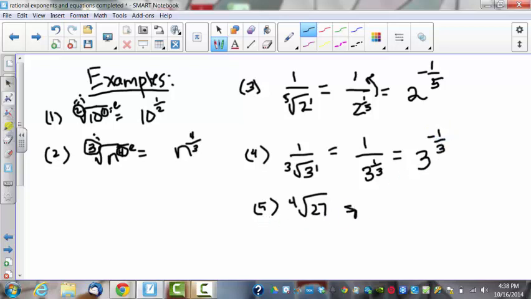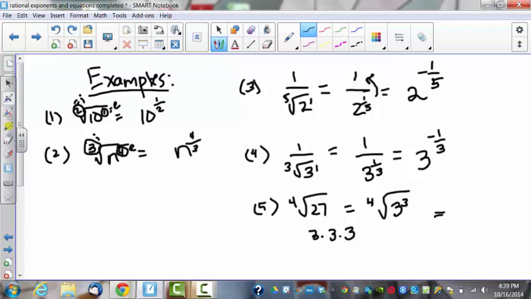Now, 27 for this one. We're going to write 27 as a power of 3. In this case, it's 3 times 3 times 3, which is 3 to the 3rd. So let's write it as the 4th root of 3 to the 3rd.